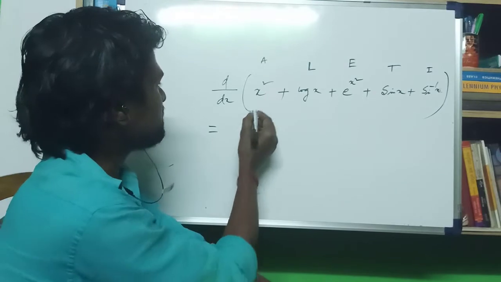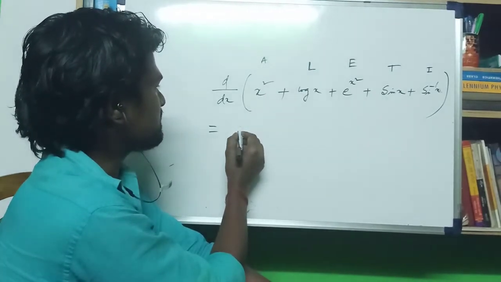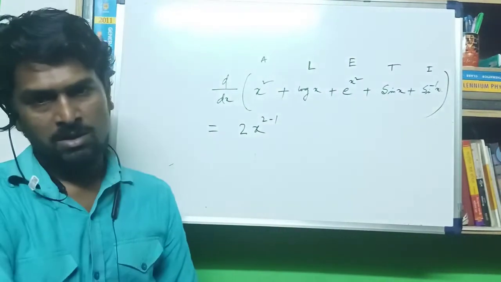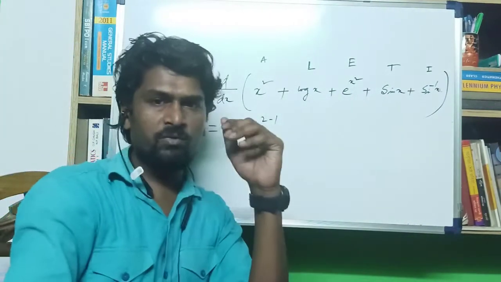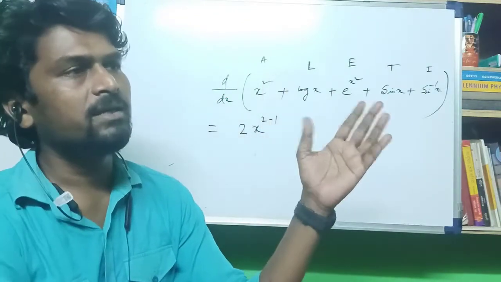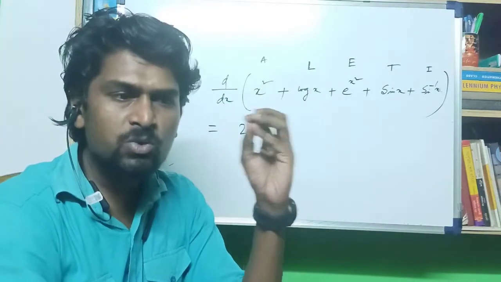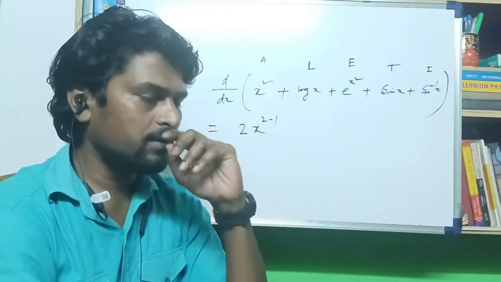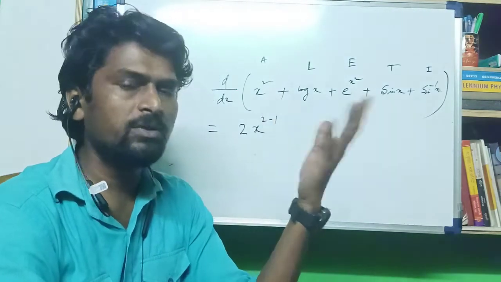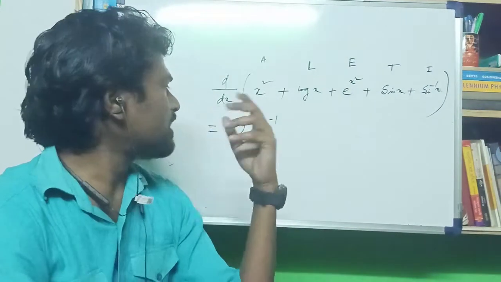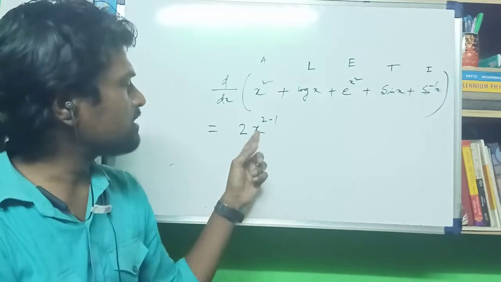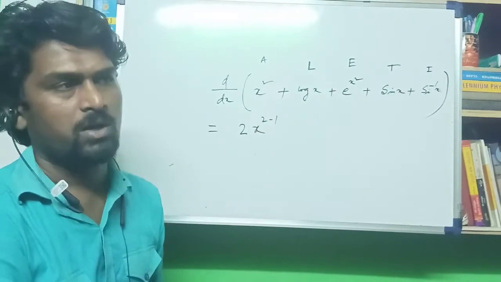So the first one is x square, that is 2x to the power of 2 minus 1. This is the rule: d/dx of x to the power of n means n x to the power of n minus 1. Similarly, for x square, x to the power of 5, x to the power of 7, any power, the power goes to the coefficient position and the power decreases by 1.